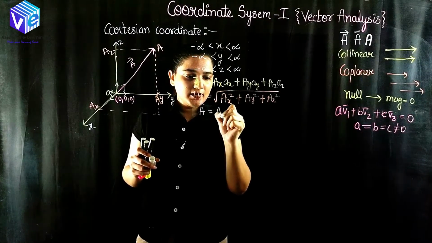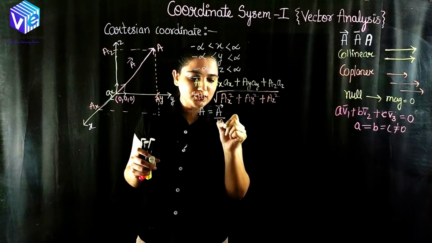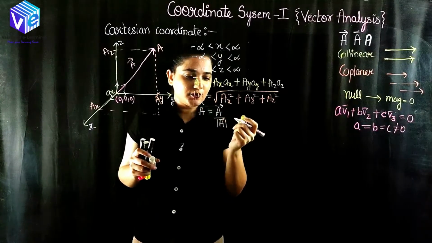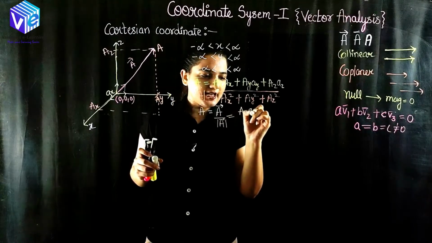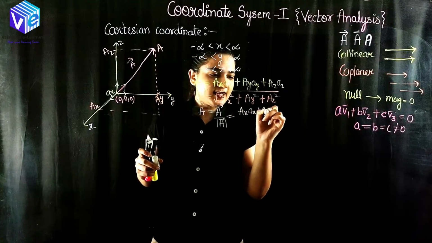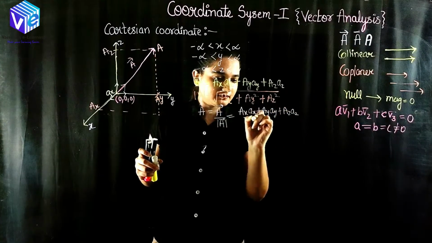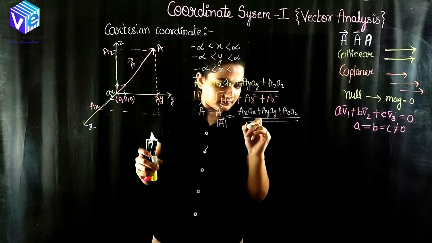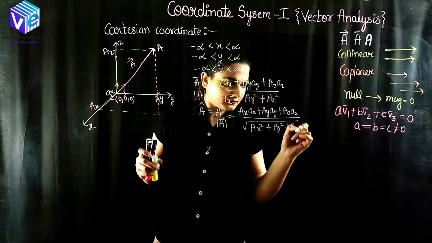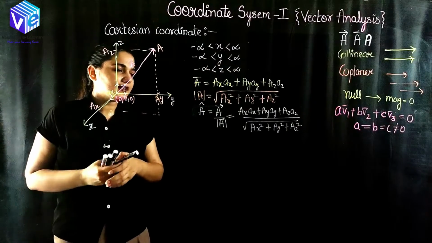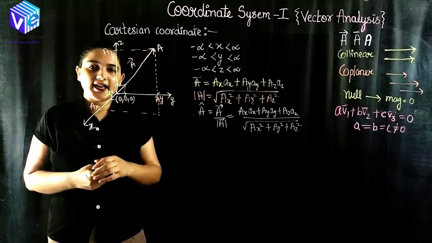It is denoted as the A vector upon the magnitude of the A vector. We know the A vector is AX plus AY plus AZ, and when divided by the magnitude of A, it gives me a unit vector along the A direction.